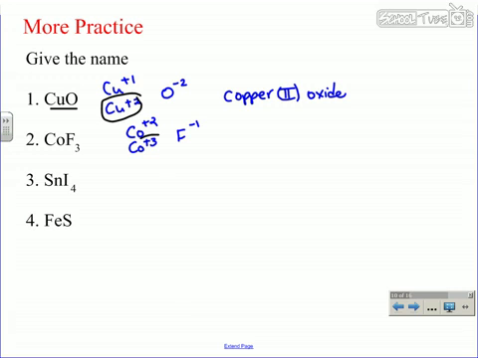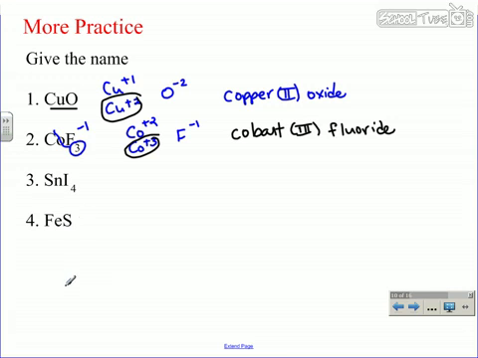It was cobalt 3. So cobalt 3 fluoride is the name for this compound. So really what you're doing is looking up the charge for the second ion and then determining where this 3 came from. It came from the cobalt.